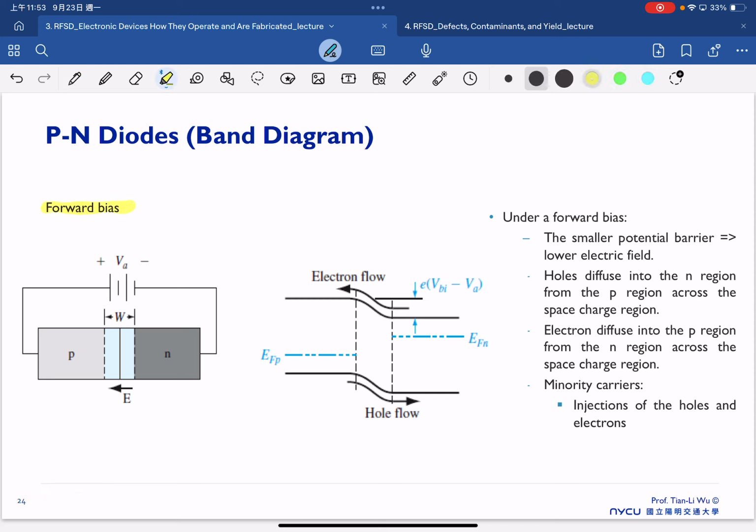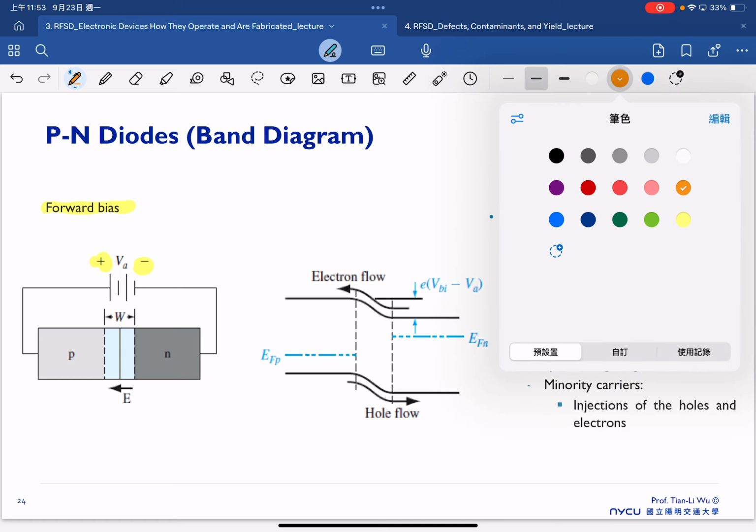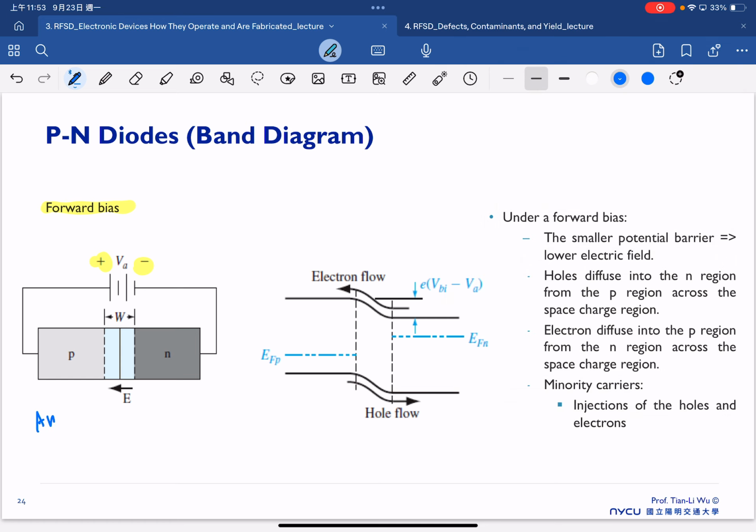Forward bias means that we apply a positive voltage to the P region, which we call the anode region. In a diode, we have the anode and the cathode region. So we apply the bias in the anode region, and once we do, we can see the barrier here is reduced.